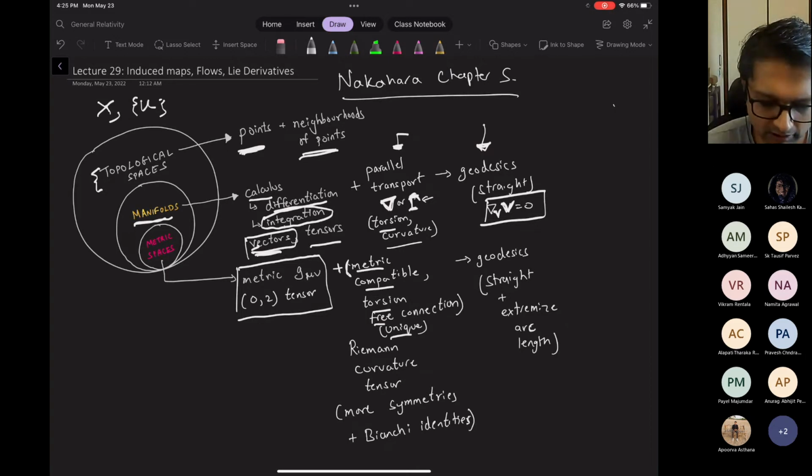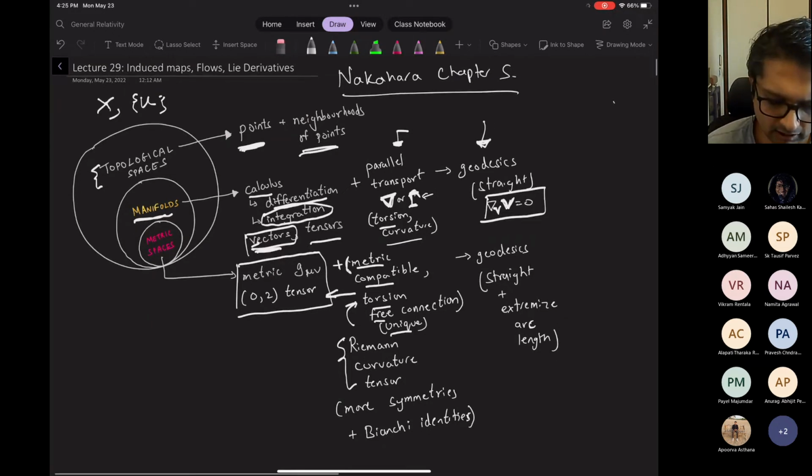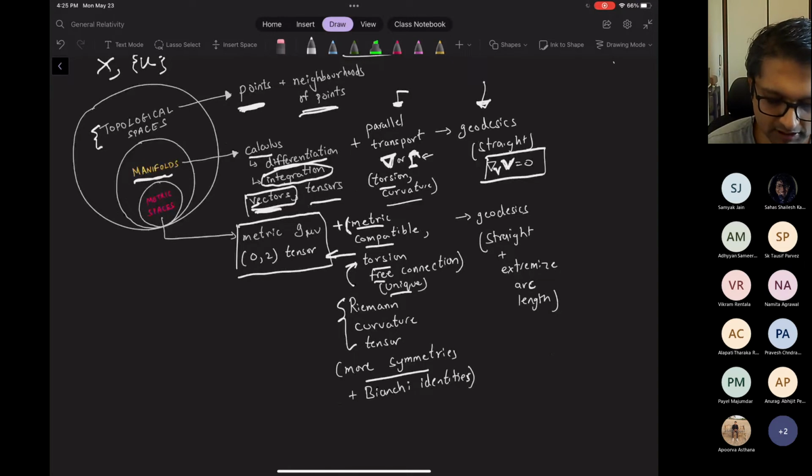With this unique connection, you can calculate a curvature, and that curvature is called the Riemann curvature tensor. This is a curvature which is associated with this connection, the unique metric compatible torsion free connection, which comes once you impose a metric on the manifold. You also have more symmetry properties of this Riemann curvature tensor, which satisfies these extra symmetries and also these Bianchi identities.